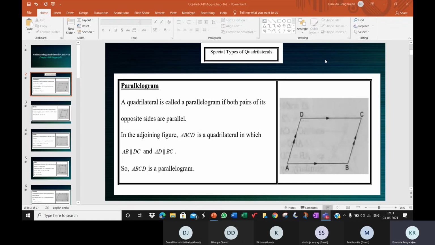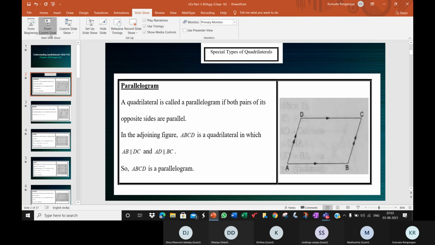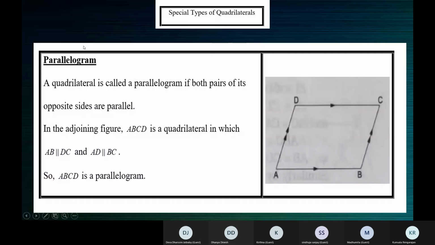Next, diagonals bisect each other. In brackets, you write not at right angles.